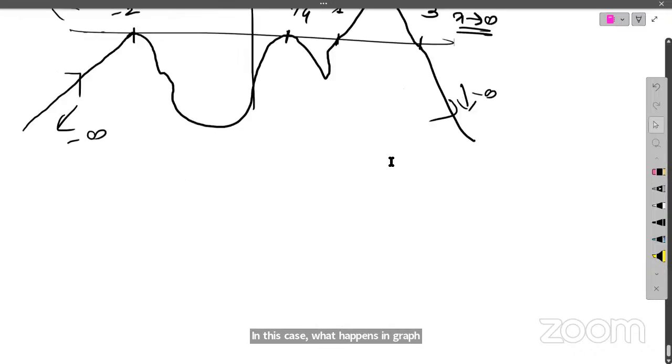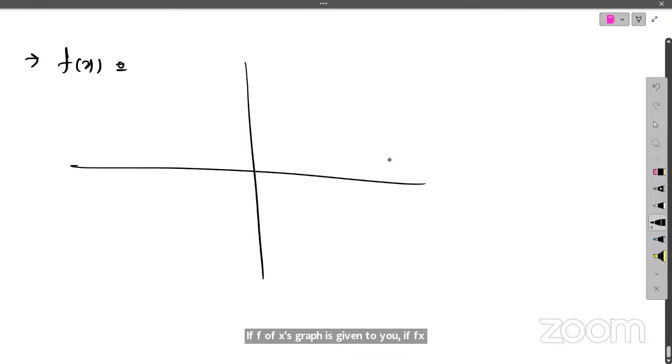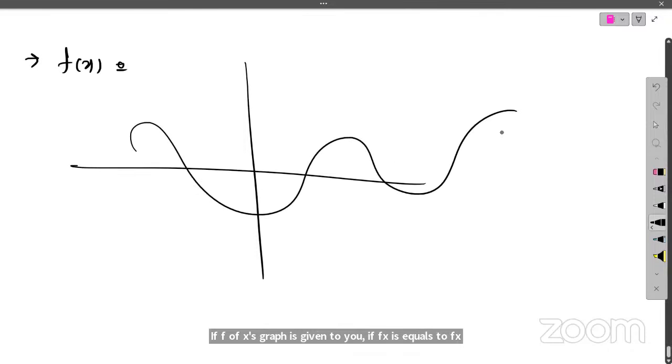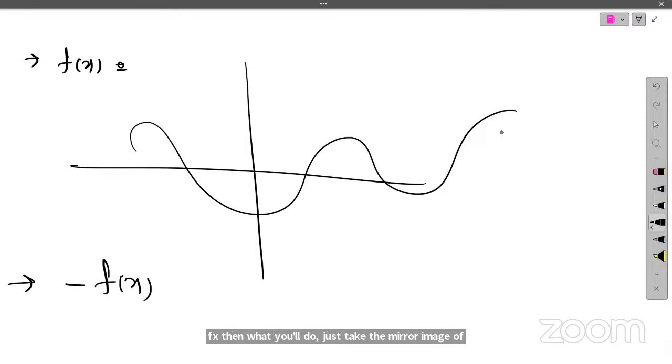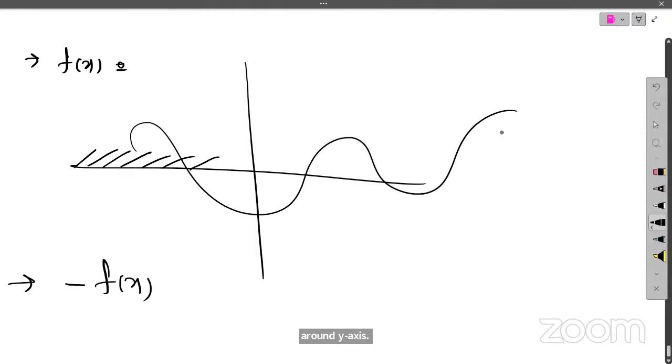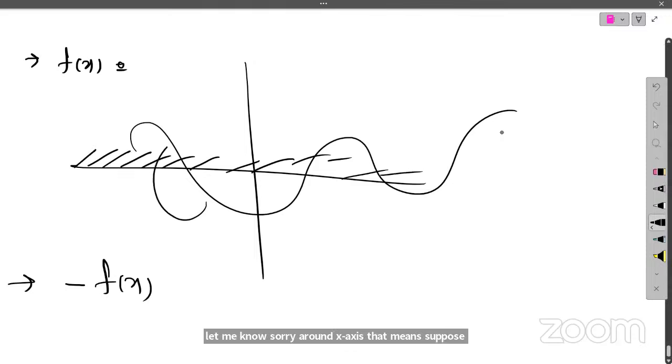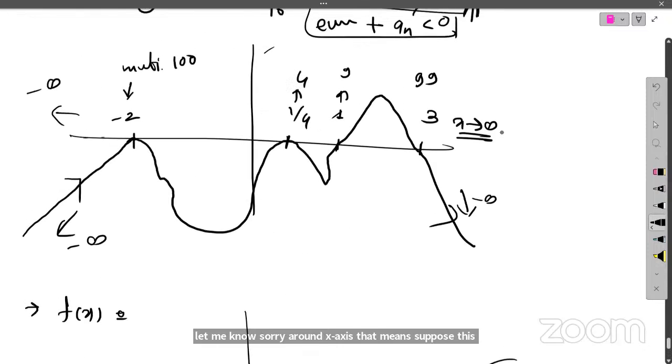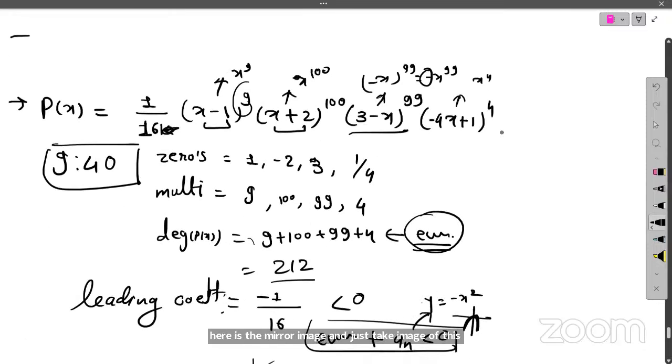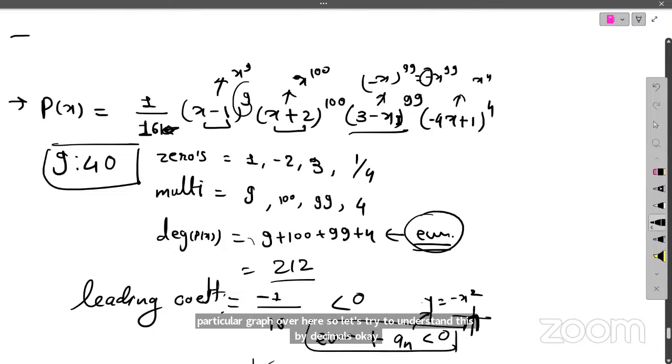If the graph of f(x) is given to you, suppose this is the graph of f(x), then if you want to find the graph of minus f(x), what you will do is just take the mirror image of this graph around the y-axis. That means, no, sorry, around the x-axis. Here is the mirror image, just take the image of this particular graph over here. So let's try to understand this by Desmos. Okay, there you can easily understand.